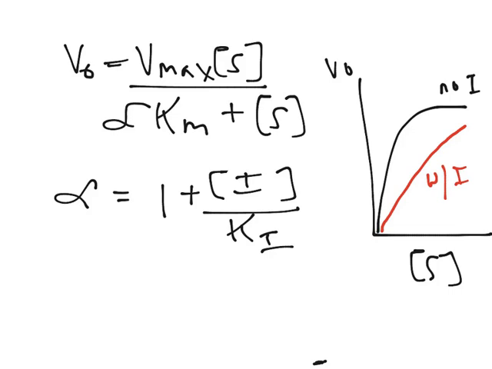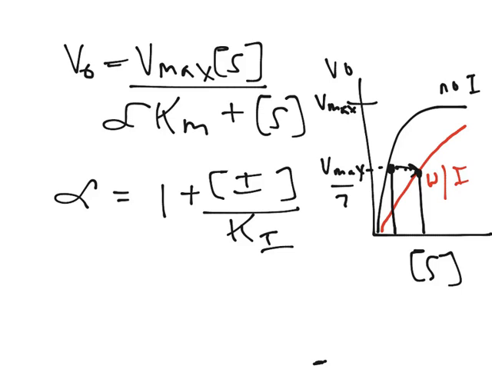If we look at this graph, we've seen that Km has moved the position of half Vmax. If this is Vmax, then this would be Vmax over 2. So we can see that the Km value has now shifted in the presence of the inhibitor.